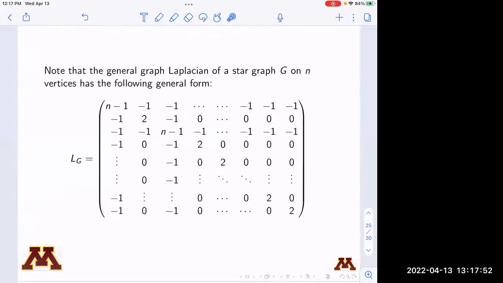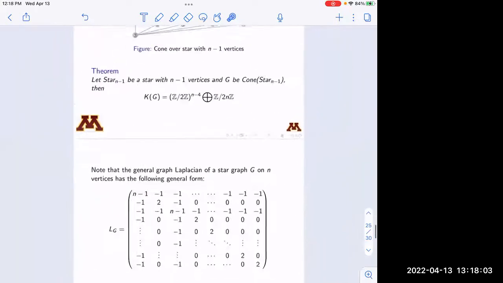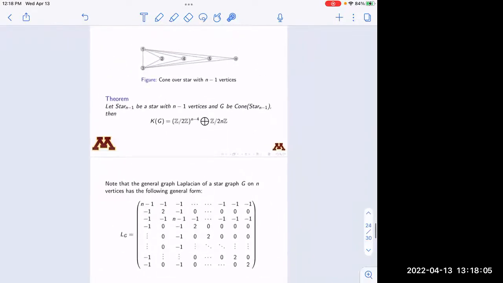So similar to before, we're just looking at our degree matrix minus our adjacency matrix. I've labeled the cone vertex as 1 and the center of the star is 3.